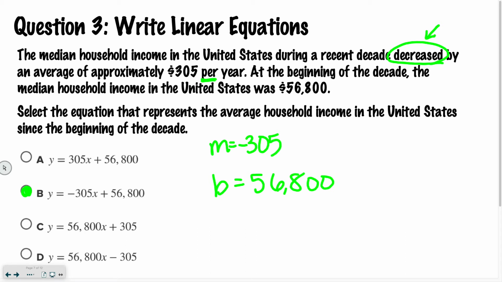So that means my slope is negative 305. So you look for the number next to per, but you also check to see if there are any words like decreased or increased to help you determine, is it a positive 305 or a negative 305? Okay, if you have questions about that, please be sure to ask for some help. I'm happy to help you.